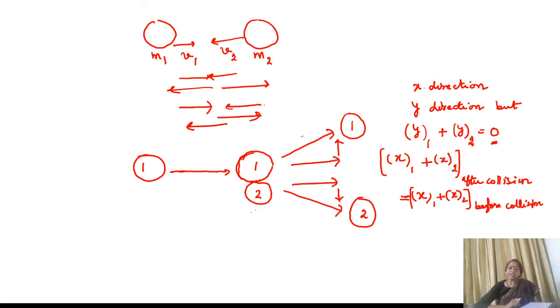And therefore it is said that in the universe, all the objects are in random motion, but still the momentum is conserved in each and every direction. And as I told you earlier, it is only due to this conservation law that our planets move in an orbit, and they move in a disciplined way.